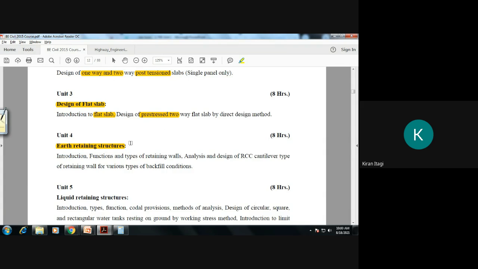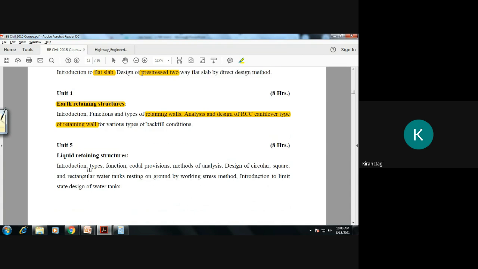You just have to remember step by step. After the first step, what will be the second step, what will be the third step. If you skip or forget any single step in between, it will be very difficult for the further calculation. So here the calculations and designing are very simple.